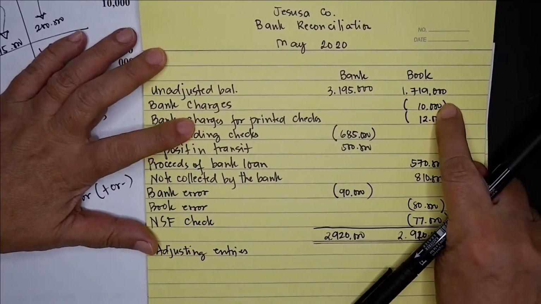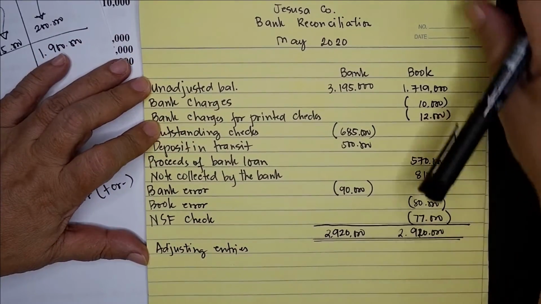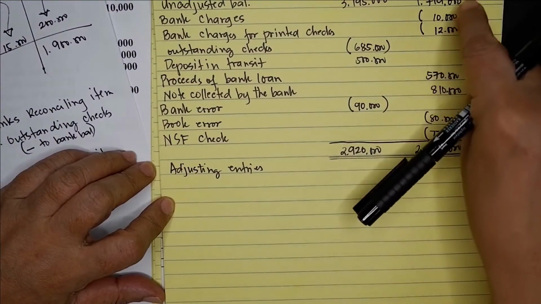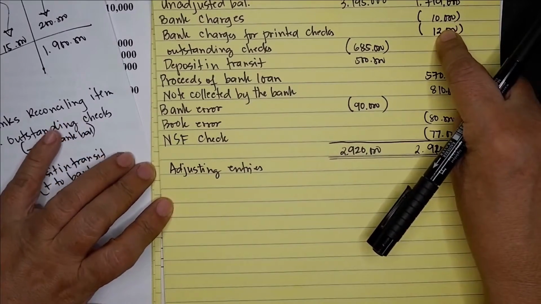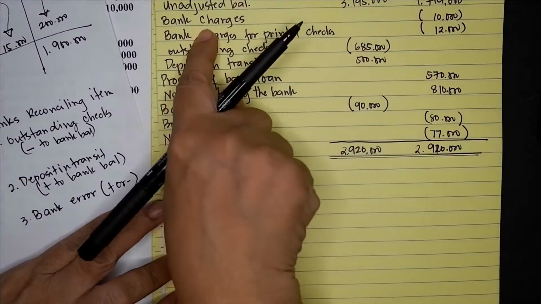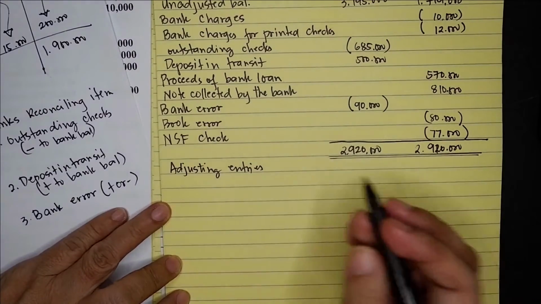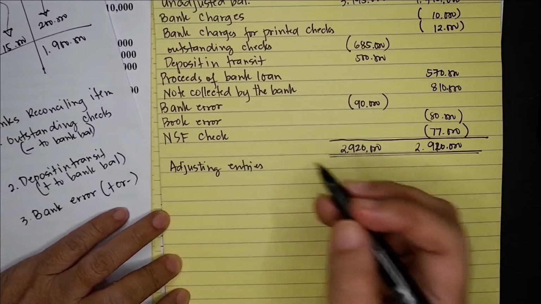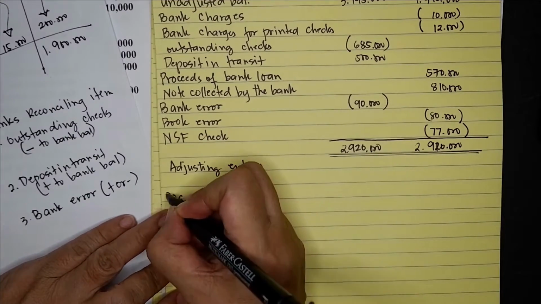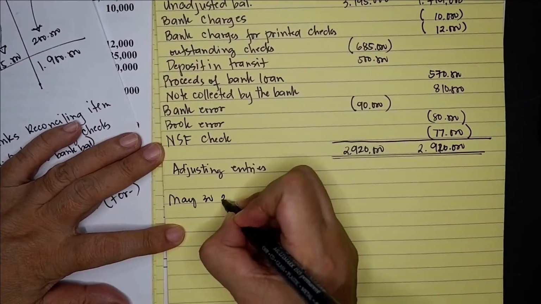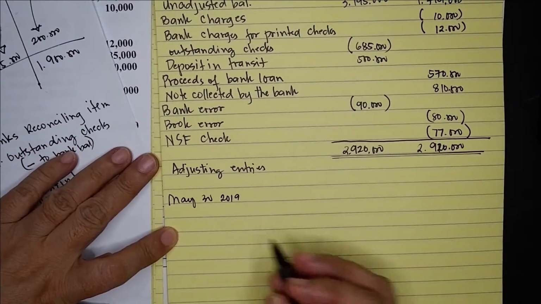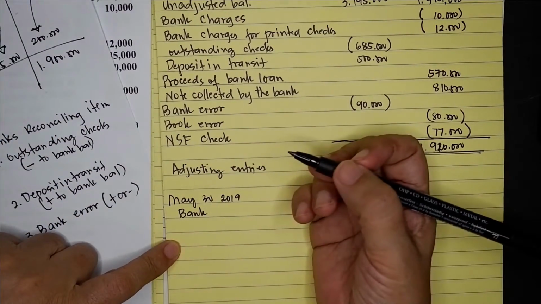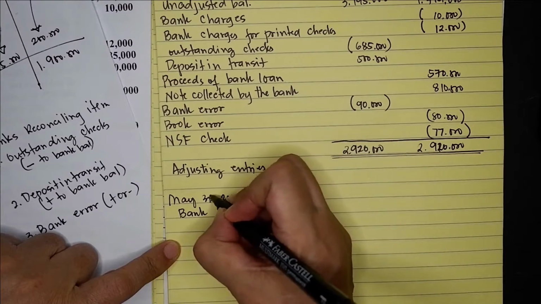Okay? So this one, 10,000 and 12,000, it is minus. So cash in bank should be on the credit side. And what are this 10,000 and 12,000? That is both bank charges. So we can use the account title bank charges. The date of this adjusting entries is all May 31, 2019.